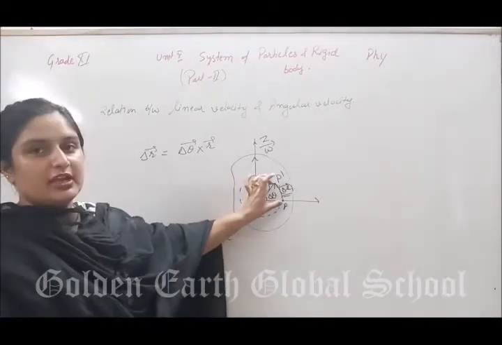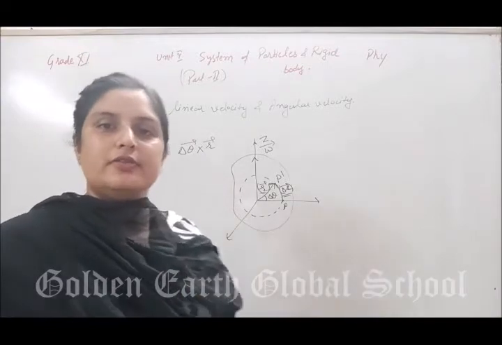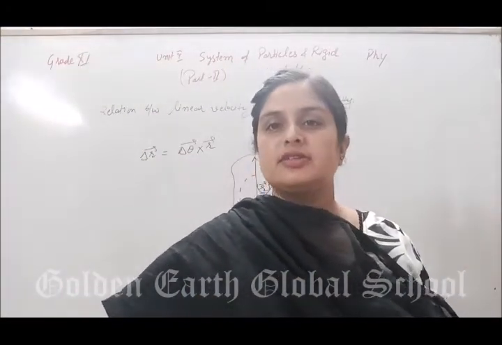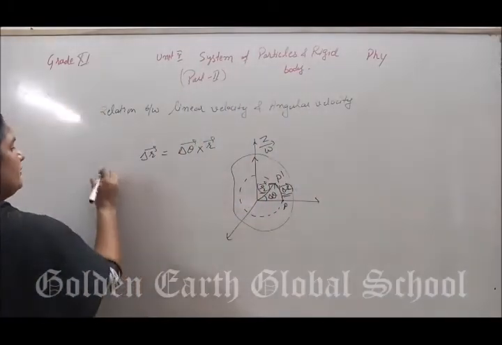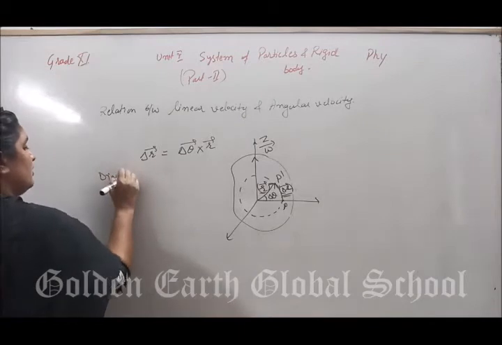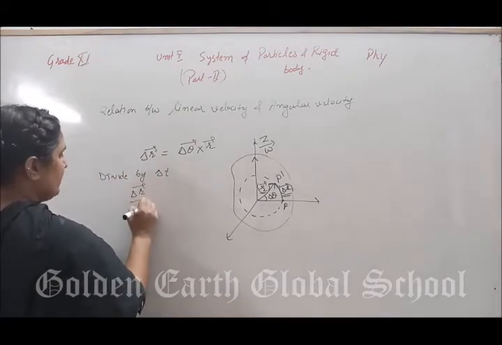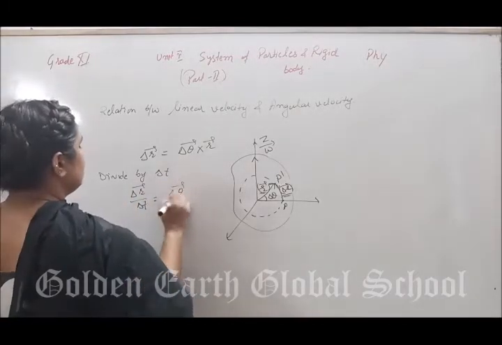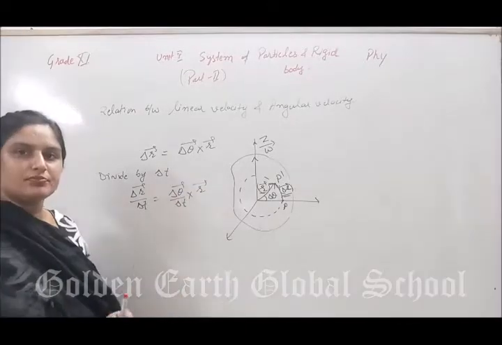In this case, the arc I have taken is delta r, and the radius is r, in which this particle is revolving around the particular axis of rotation. Now next, divide by delta t on both sides. You will get delta r by delta t equal to delta theta by delta t cross r.